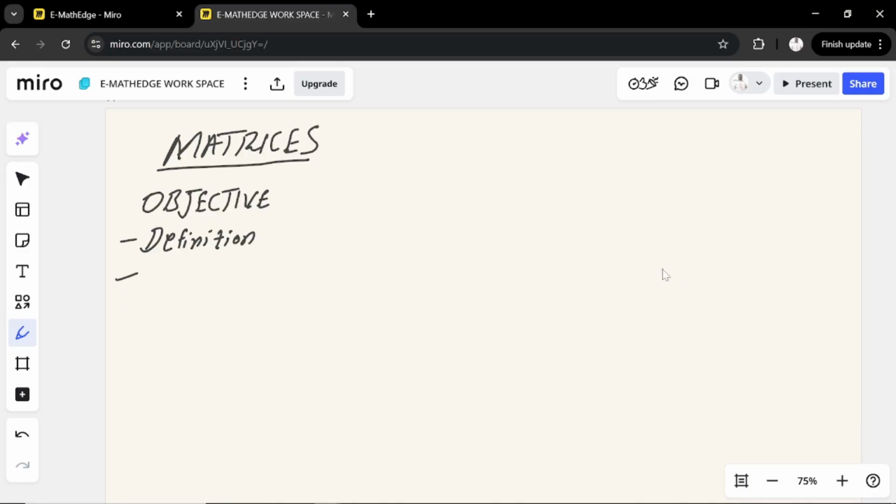And we're also going to look at some basic terminologies in matrices. And lastly, we are going to look at some basic operations on matrices.